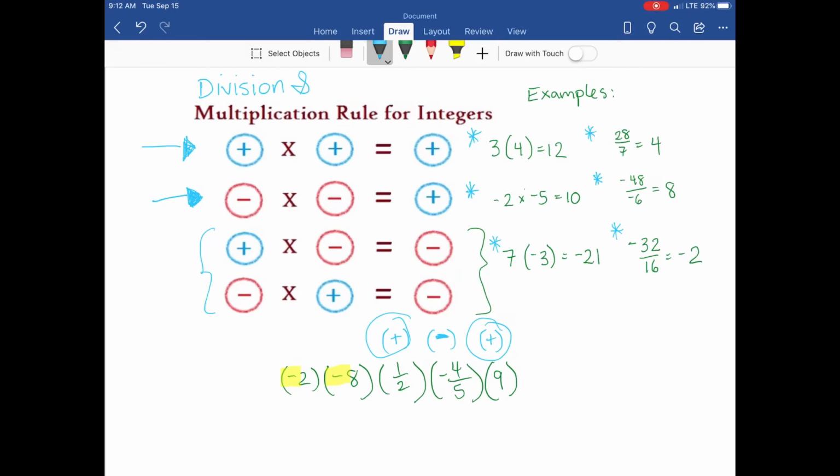And then I've got that result times a negative, so I know this is going to result in a negative number. What is useful to do is sometimes just to count how many negatives are in this expression. 1, 2, 3. If there are an odd number of negative numbers, that's going to be a negative value. If there are an even number of negative numbers, that's going to result in a positive value.